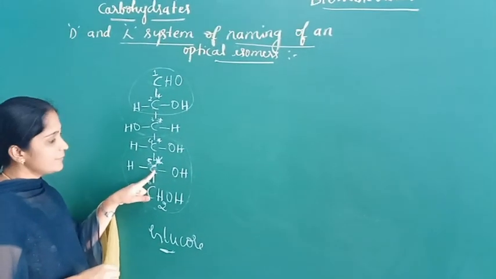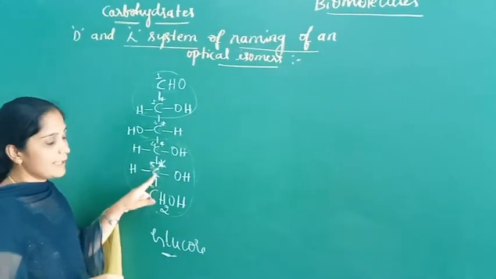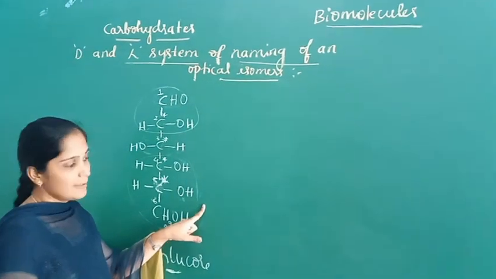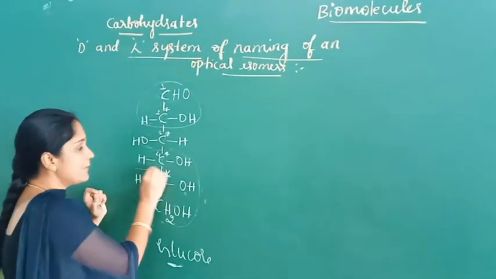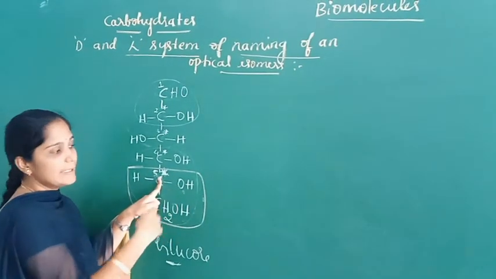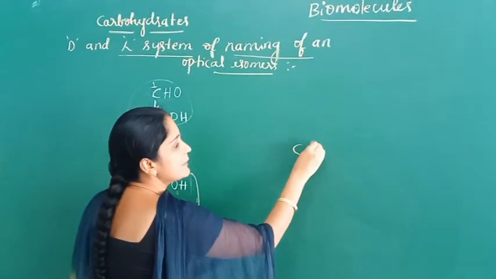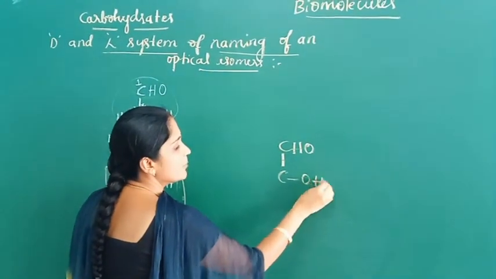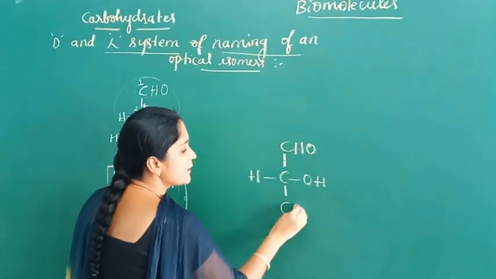In the 5th, highest asymmetric carbon atom, the OH group is present on the right hand side. So this highest asymmetric carbon structure can be resembled with D-glyceraldehyde. So we know that CHO, H, OH, CH2OH.